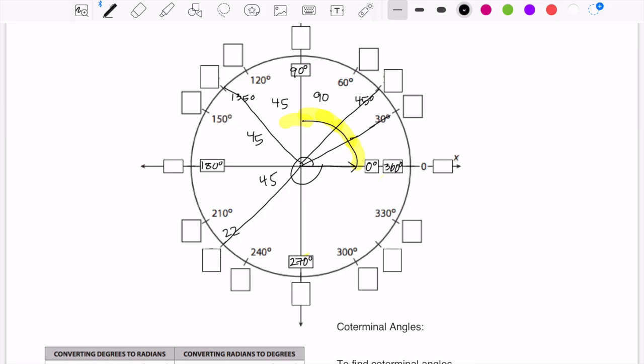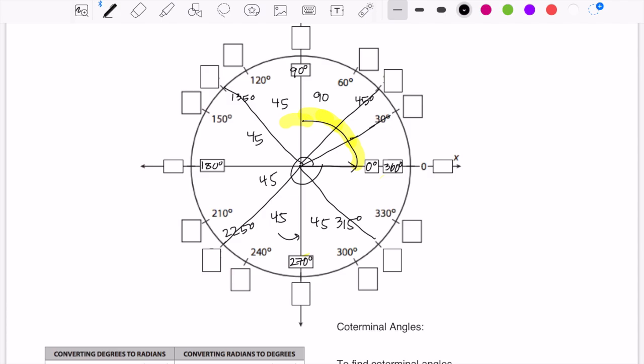So this right here is 225 degrees. And then another 45 will get us to 270, and then we cut that in half again. If we add another 45, we're now looking at 315 degrees, and then we're going to end up back up at 360.